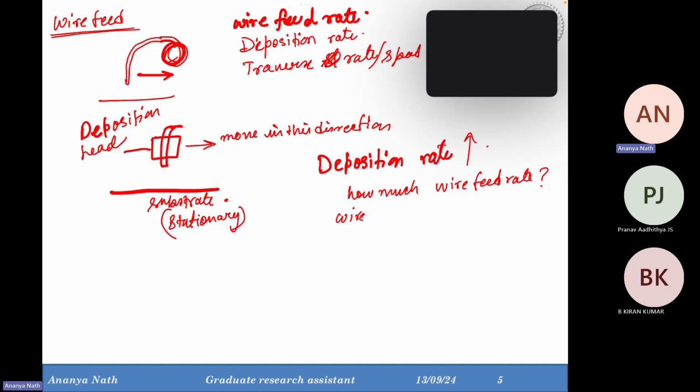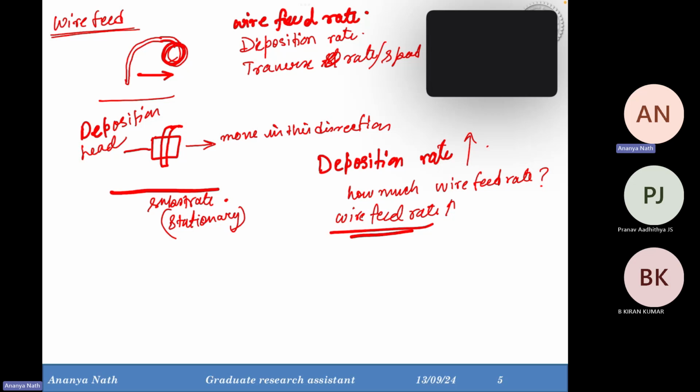So the wire feed rate should be high. Why? My deposition rate is high means the head is moving very fast over the substrate. Now, if my head is moving very fast, the bead should be properly deposited over the substrate. The wire is getting melted and deposited over the substrate.